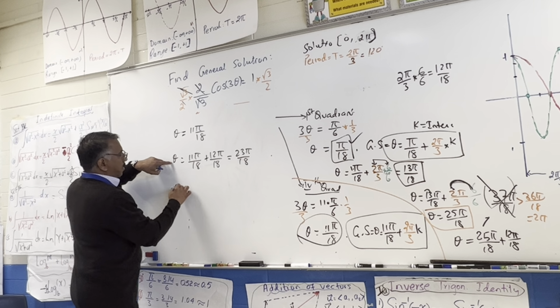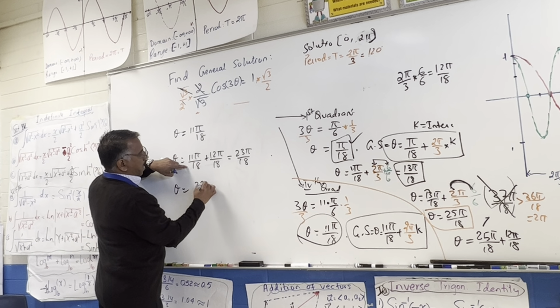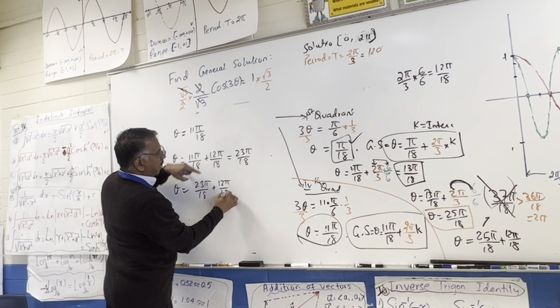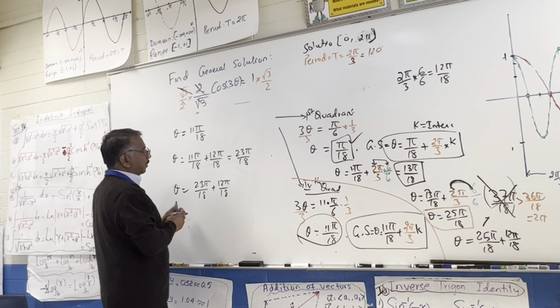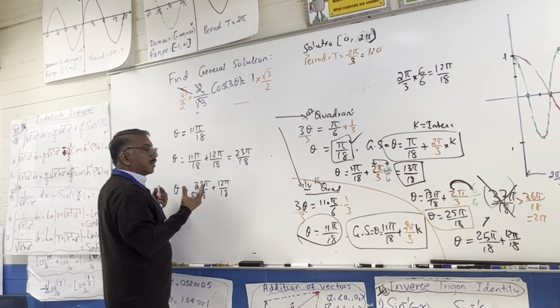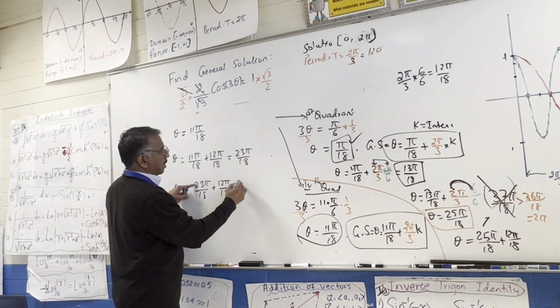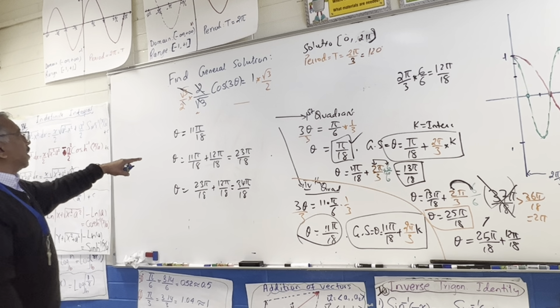And then next one you do is, okay, 23 pi by 18, you add another 12 pi by 18. So why do we add it? Because it repeats. And I'm going to show you also geometrically what it means. So this becomes 34 pi by 18. I just want to make sure I'm doing it right.